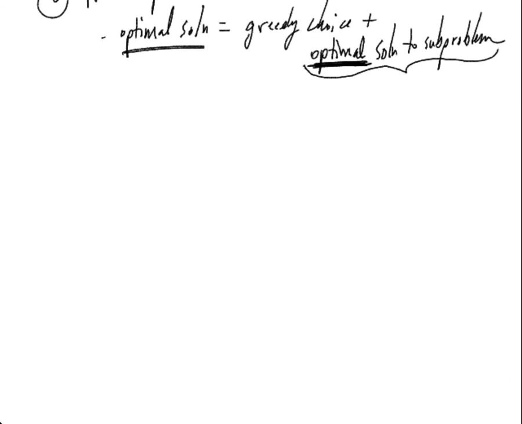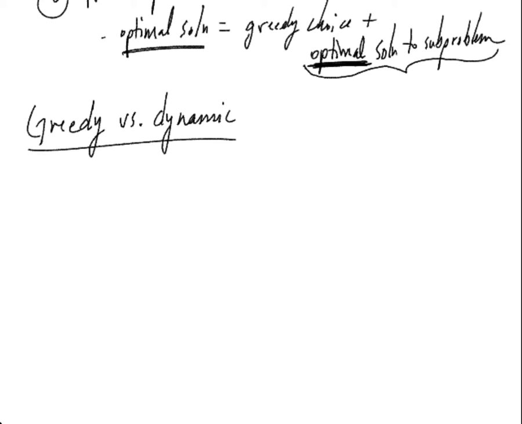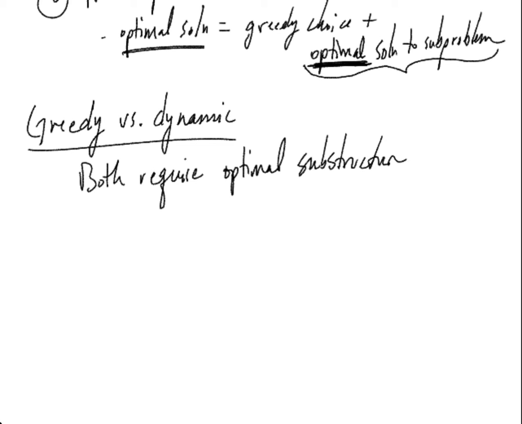Let's explore a little bit more greedy versus dynamic. Now notice they both require optimal substructure. Now let's explore the difference between them using an example. The example of the knapsack problem.